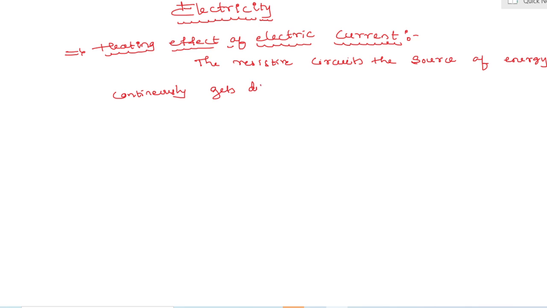Yes, my dear students, in resistive circuits, the source of energy continuously gets dissipated entirely in the form of heat.